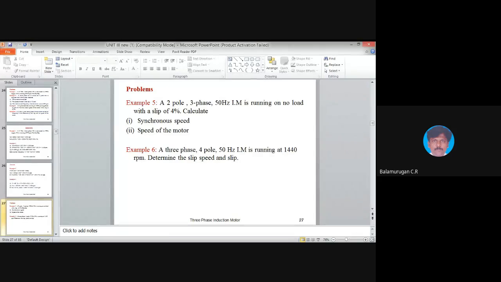So you will get the value 3000 RPM. So what about n value? N you can use this formula, ns into 1 minus s. So what is the slip value given? 2880. Okay, thank you. So n equal to ns into 1 minus s. You can substitute and you can find the value.